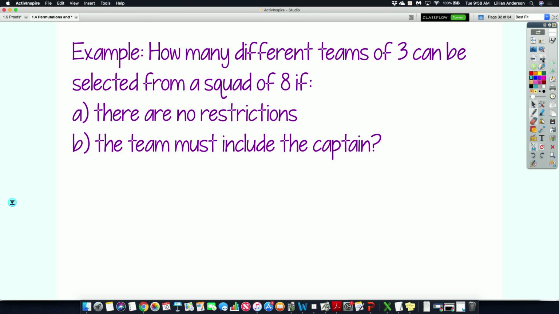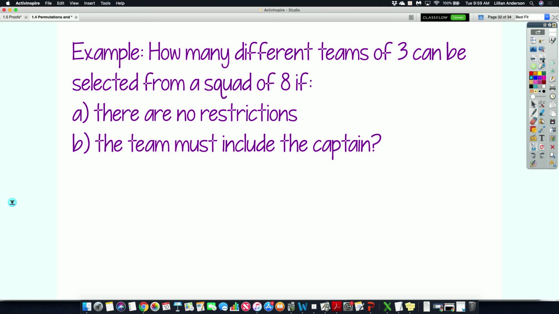Without restrictions, I'll do this one with you because I want you to try the last one by yourself. There are no restrictions, and if you think about it, think of this as an association with A, B, and C people trying to make teams of 3. This is combinations.